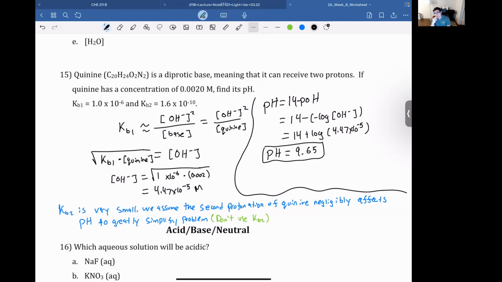Okay, 16 says, which aqueous solution will be acidic?